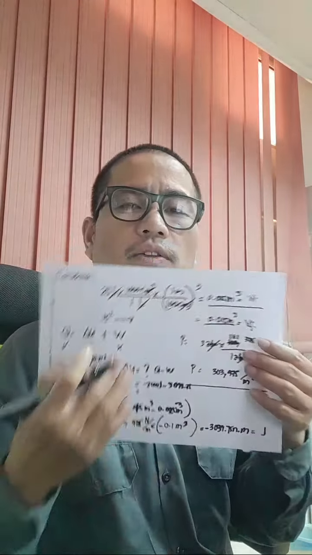Because if we substitute the positive 3,039.75 in this equation, we will obtain a negative internal energy, but the problem asks to calculate the change in internal energy of the system. It should be positive.